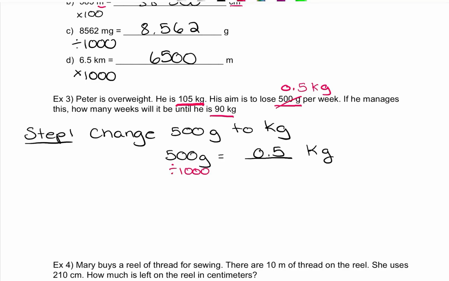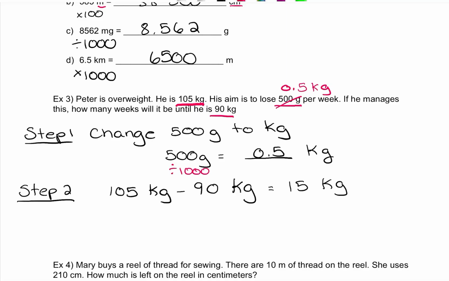He wants to end up at 90 kilograms. So the next thing we need to figure out is how much kilograms does he want to lose? So he is 105 kilograms right now. He wants to be 90 kilograms. So he wants to end up being 90 kilograms, which means he's trying to lose 15 kilograms. Okay, so that's step 2. He wants to lose 15 kilograms in total.